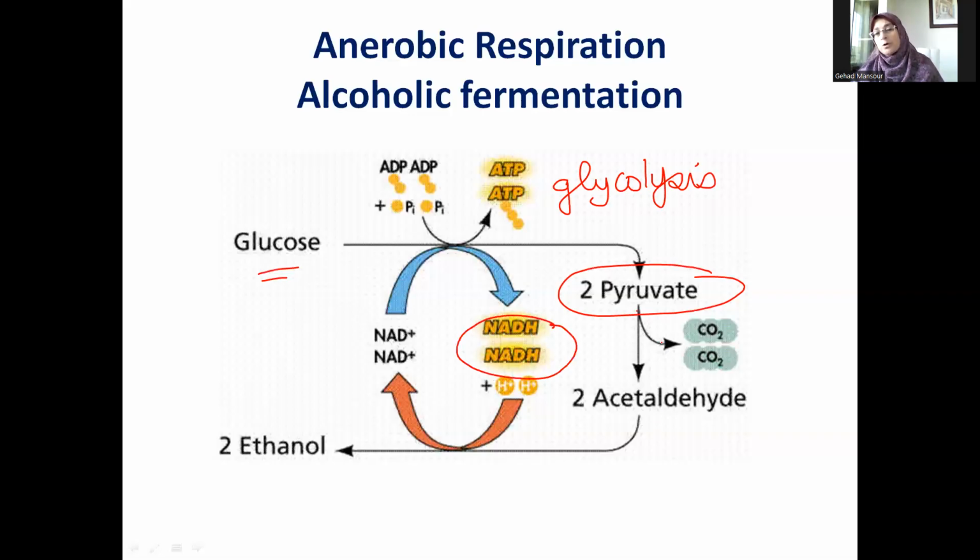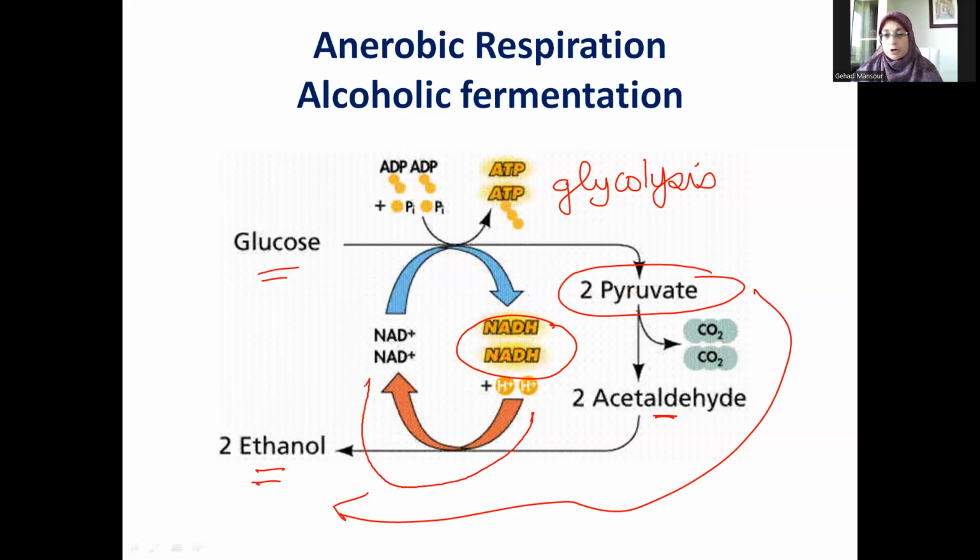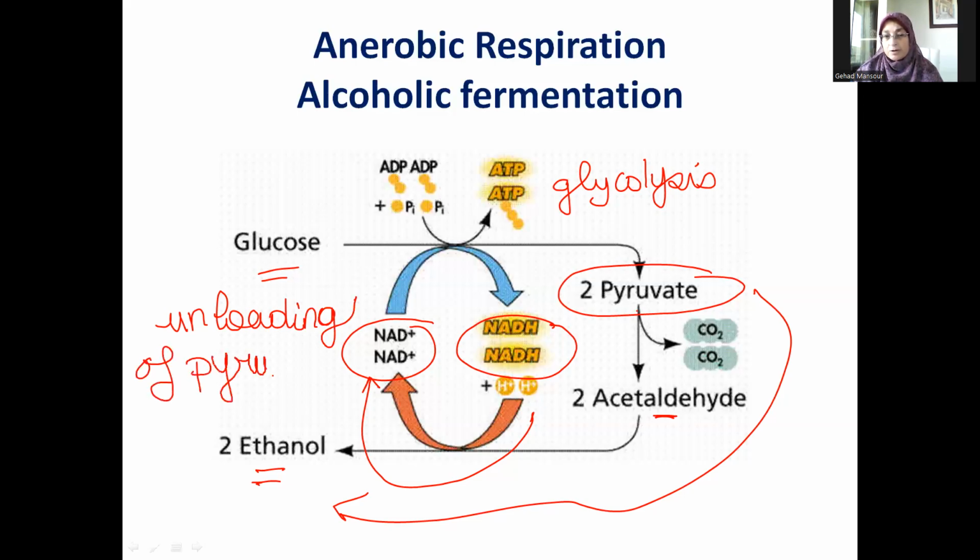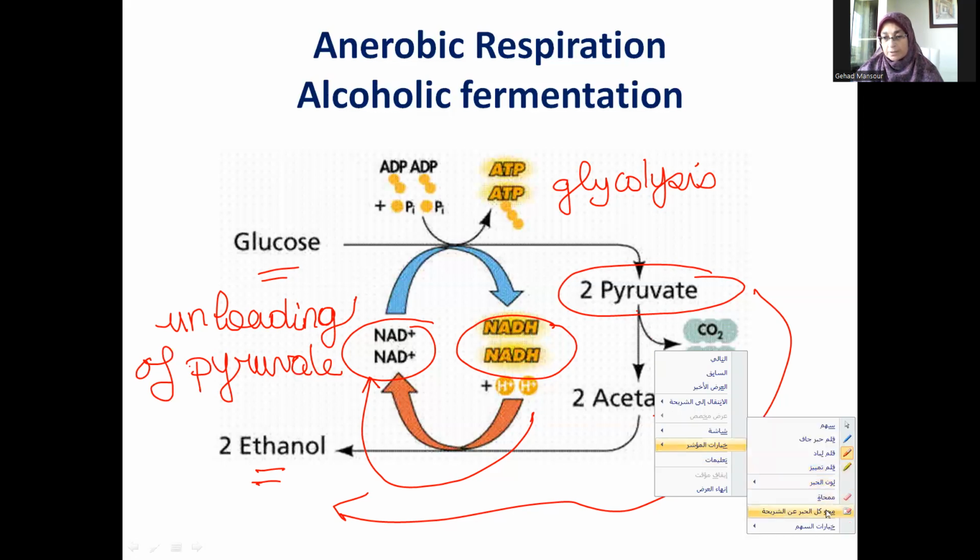So reduction of pyruvic acid into acetaldehyde and then into ethanol is important, because when you reduce pyruvic acid into ethanol, you are actually oxidizing reduced NAD back into the oxidized form of NAD. So the importance of pyruvate reduction, whether you are talking about acidic fermentation or alcoholic fermentation, is unloading of reduced NAD.